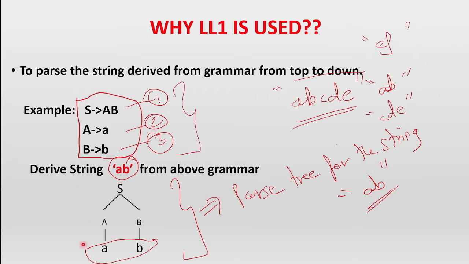Now this is called a top down parse tree. Why? Because I am starting from the first production's non-terminal, the variables, and I'm coming down to the terminals, top to down. At the bottom you will see the string. That's why LL1 is called a top down parser.